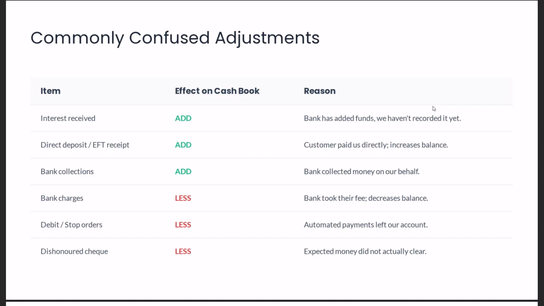Bank collections. This could be money from customers as well, so you add that. Banking charges, which you need to subtract. Debit orders, which you need to subtract. And lastly, dishonored checks, which you need to subtract as well.